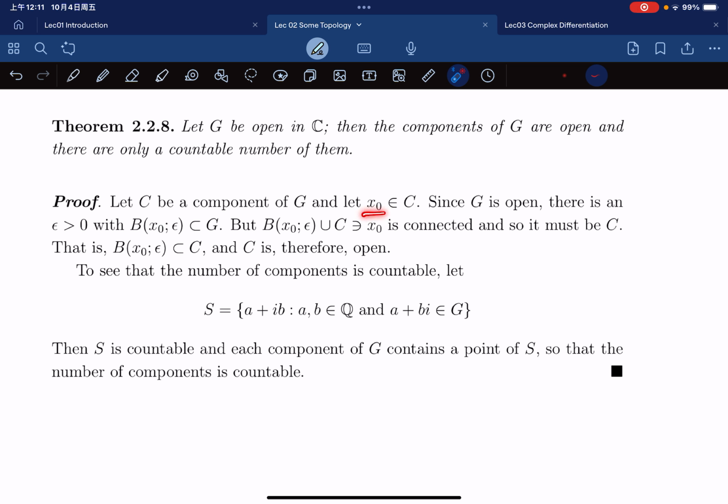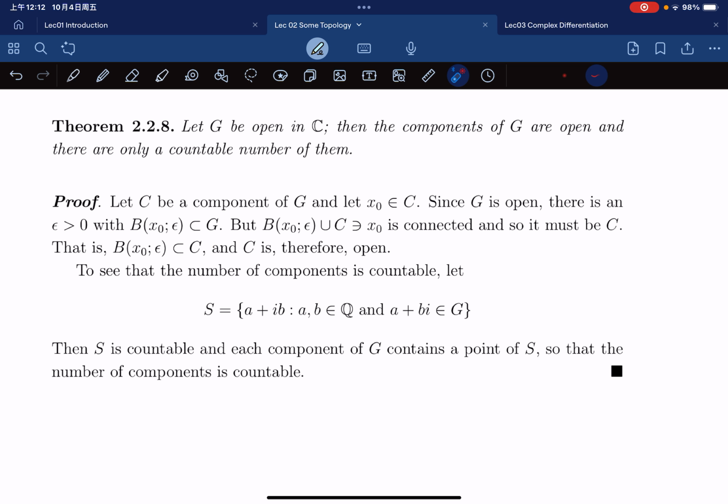First of all, C is a component of G, so C is a subset of G. So x naught is in G, and G is open, so we can find a ball around x naught in G. Now this ball is connected, and C is also connected, with x naught as the common point, so the union is connected. But it must be C because C is a component of G. So the ball is contained in C, which shows that C is open.